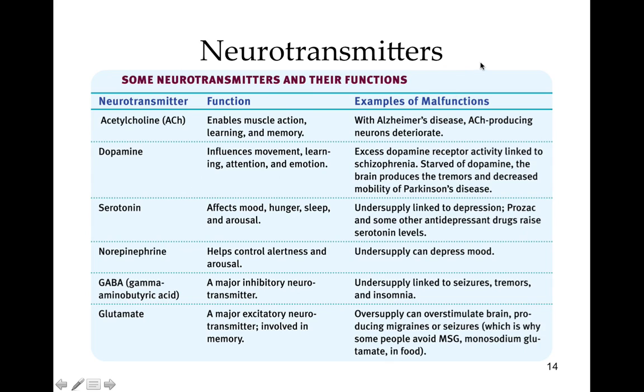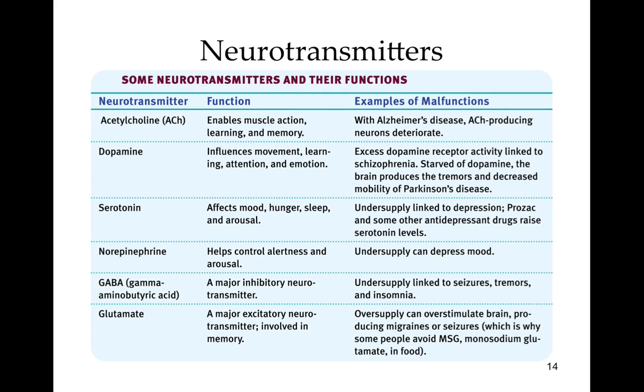This is an awesome chart that shows you the function of the neurotransmitters listed in our textbook, but it also lists examples of when the neurotransmitter malfunctions. ACH is the neurotransmitter that we know the most, that we have the most of in our body. It is at every gap of any muscle or joint, and it allows for us to move.